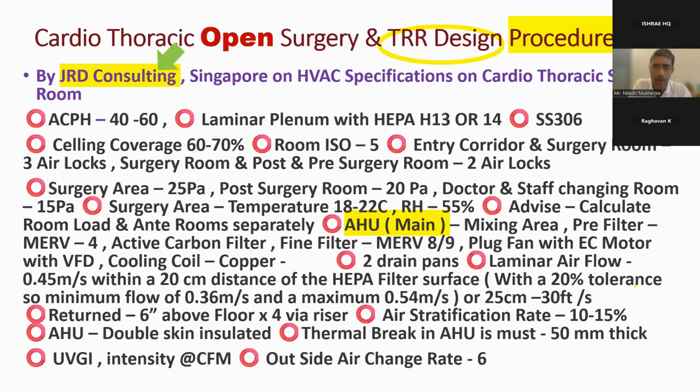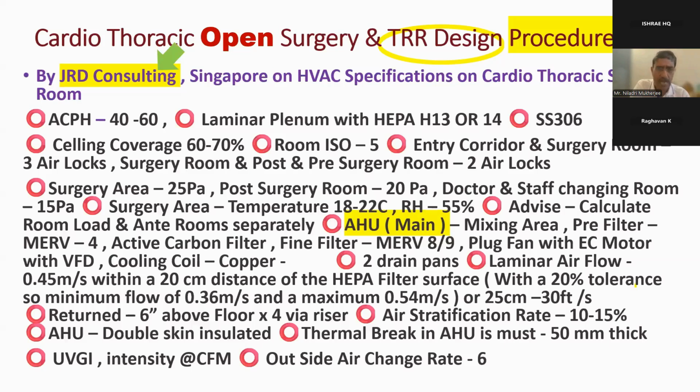And all the body should be SS306. 3 airlocks, they have very specially mentioned 3 airlocks: the surgery room, and the post and pre-surgery rooms, 2 airlocks. The surgery area should be around the main core area at 25 Pascal, and the post-surgery room will be 20 Pascal. Doctors' and staff changing room 15 Pascal. So you see there are a lot of directions.